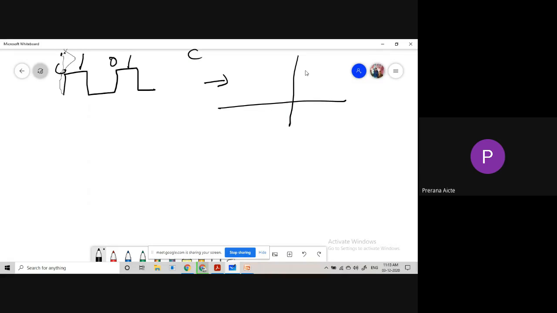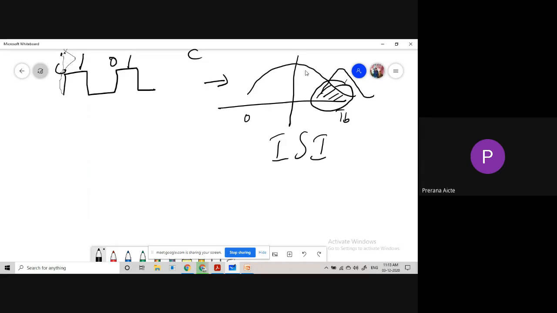Suppose this is the transmitted pulse. Here we are going to get another pulse, because the time duration of this pulse is 0 to TB. Without completing this pulse, the next pulse is coming here. So in this part there will be overlapping. We call this ISI, intersymbol interference.